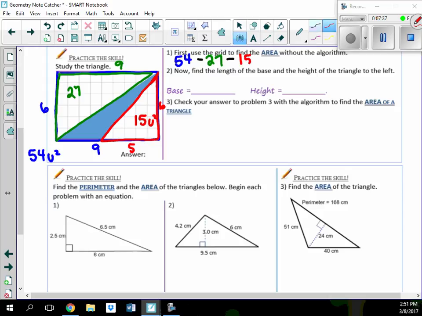So I started off with the whole area there, and I'm going to subtract out those 2 parts. All right, so 54 minus 27 is 27. And then 27 minus 15 is going to give us 12 units squared.